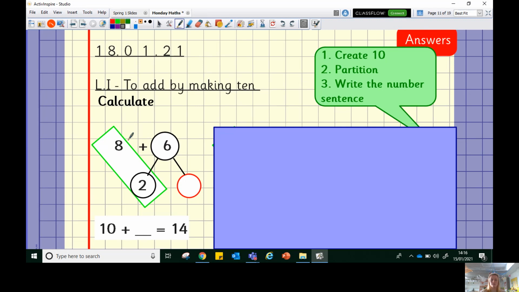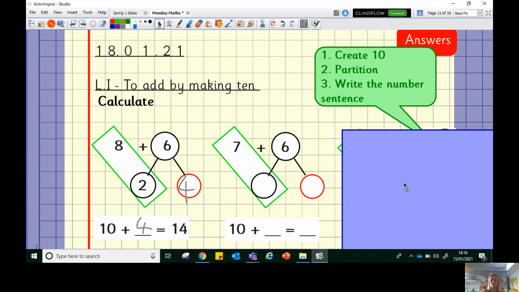Okay, so first one, I know that 8 and 2 make 10, so I've got my 10 there. Then I partition 6, and you would have used your resources, and you will have partitioned 6 into 2 and 4. So your question should look like 10 plus 4 equals 14. Well done if you managed to do that. Okay, the next one we're going to do 7 plus 6.